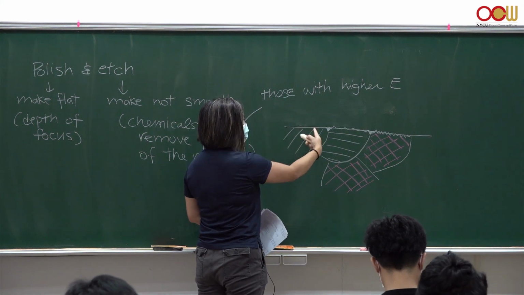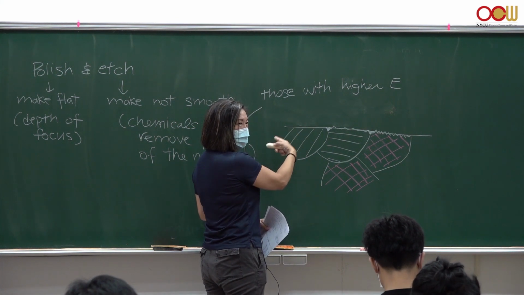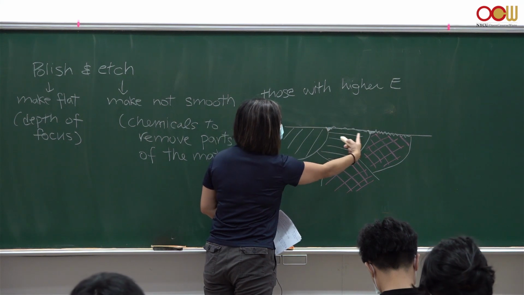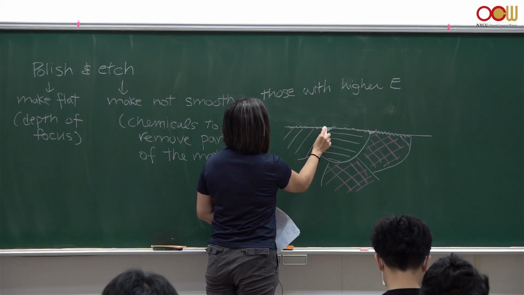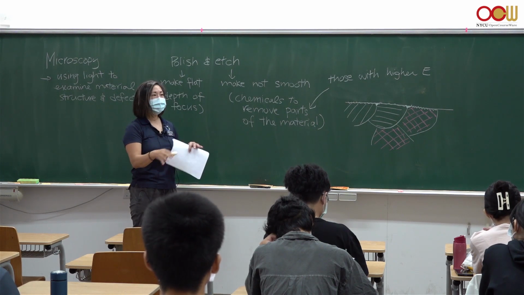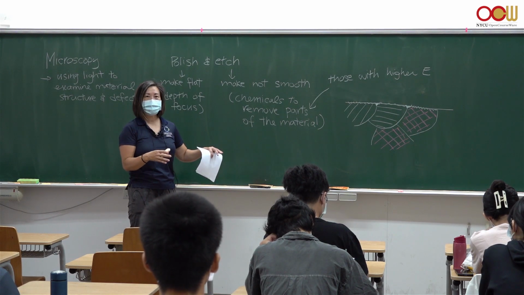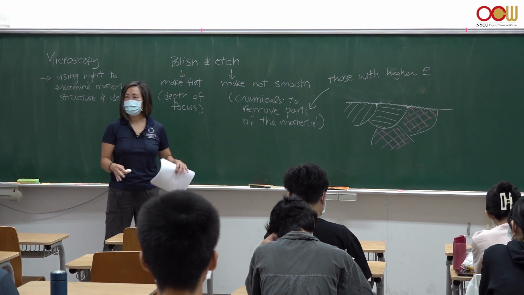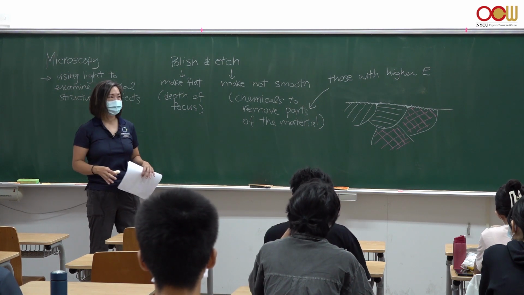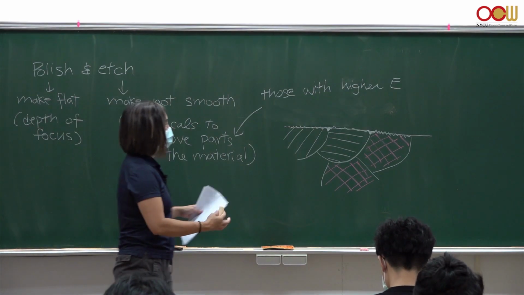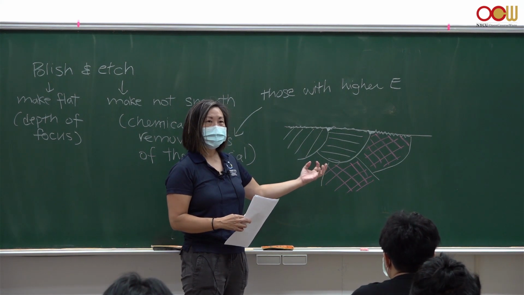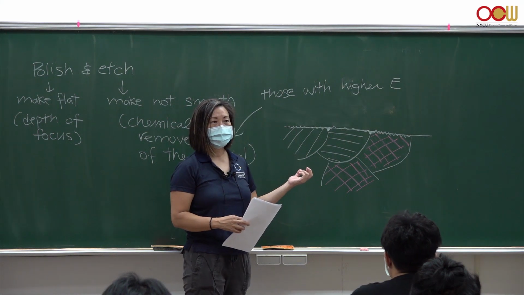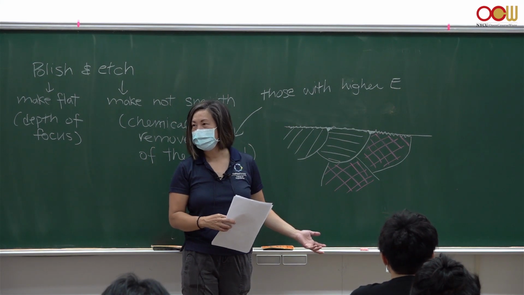And because of the direction of the planes, the atoms here happen to have higher energy than the atoms here, so it'll have a different amount of material removed. Okay, so it's going to remove material from the surface in different ways depending on the energy of those atoms on the surface. So if it's sitting at a high energy area, it's going to be removed more easily than if it's sitting in a low energy area. It's more stable if it's at a lower energy.